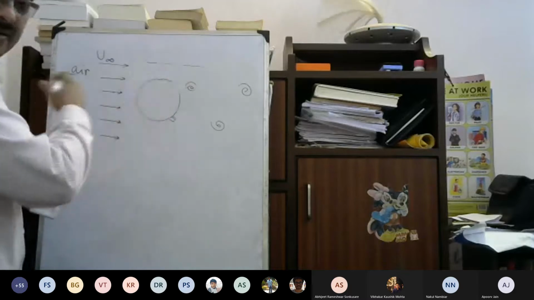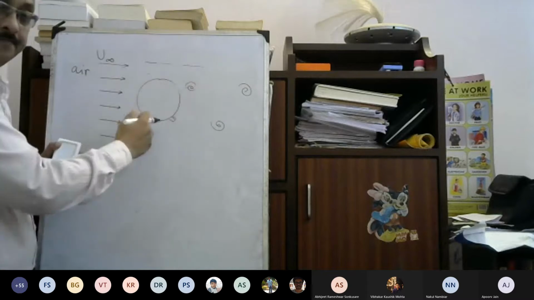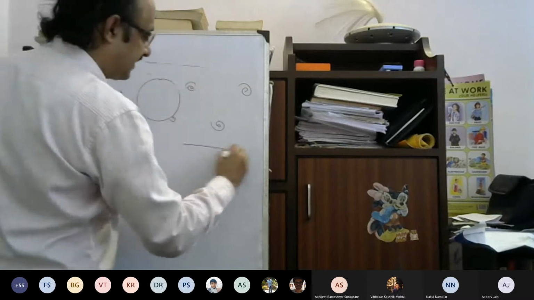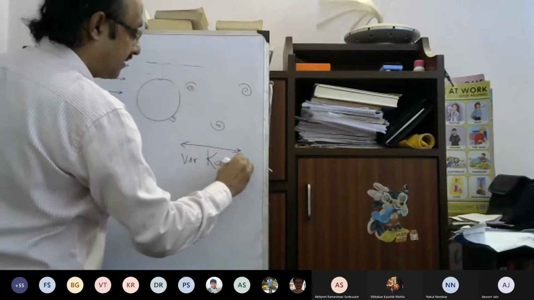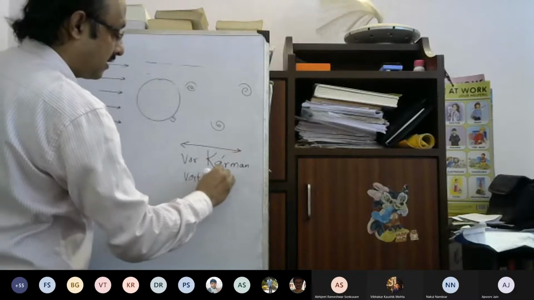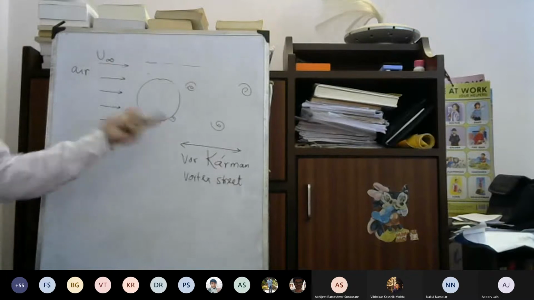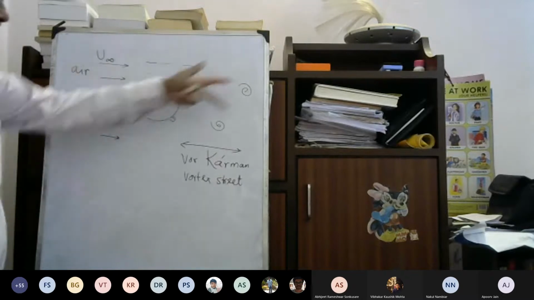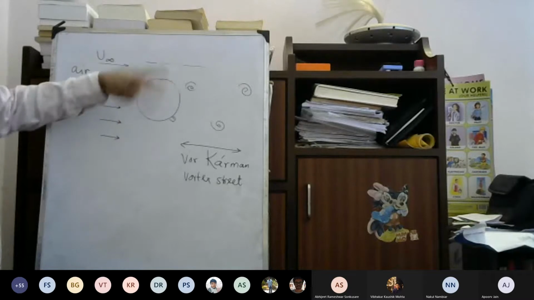So this kind of series of vortices will be separated from this body. These vortices are actually known as the von Karman vortex string. This series of vortices will develop alternately.